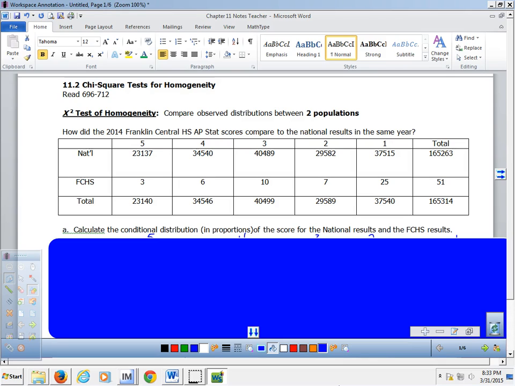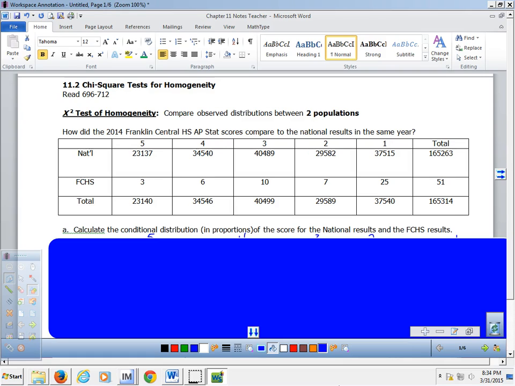And so now we shift our focus into either looking at two different groups and how they break down over a categorical variable, or one group again, but measuring two categorical variables and seeing if there's an association between those two variables.